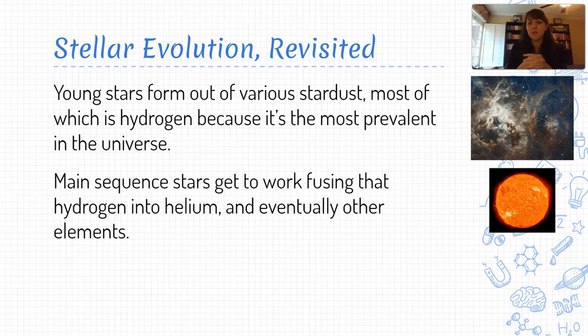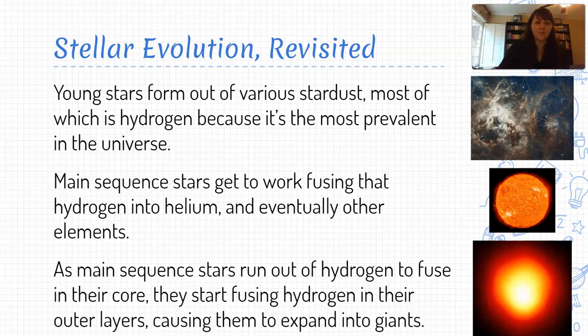Okay, so our main sequence stars, as they come together, are primarily focused on fusing that hydrogen into helium. Then as they continue to get hotter, they're able to build heavier elements as well. But in the beginning, it's just hydrogen to helium for the most part. And then our main sequence stars run out of hydrogen in their core. The core is the hottest part, where we see most of the nuclear reactions.